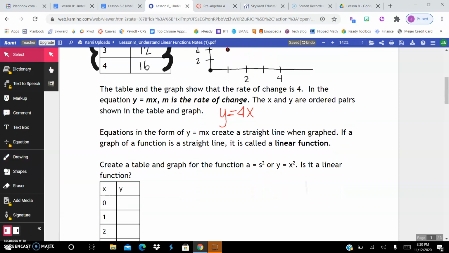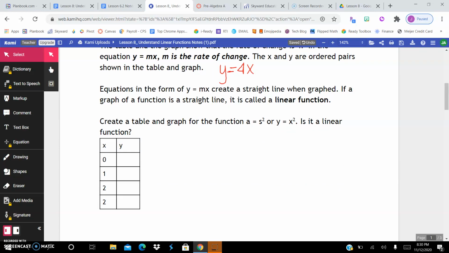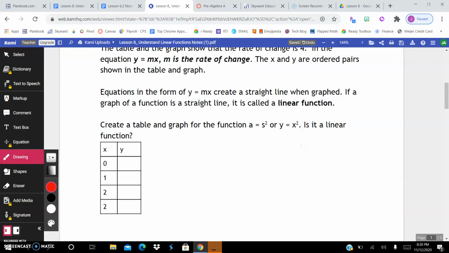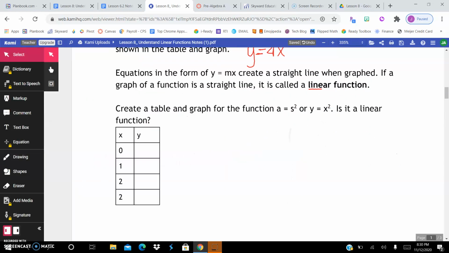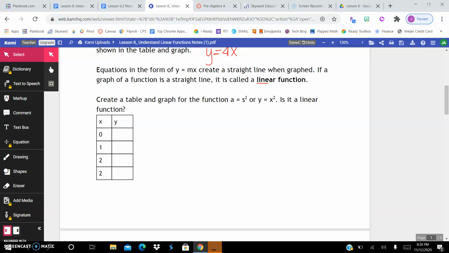Equations in the form of y equals mx create a straight line when graphed. If the graph of a function is a straight line, it's called a linear function, and it has line right in its name. A linear function is a function whose graph is a straight line.